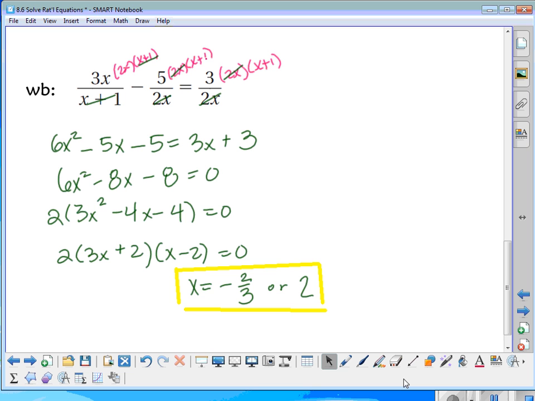All right, so we had to multiply everything times 2x times x plus 1. And you cancel out everything and get it to one side, and you get 6x squared minus 8x minus 8 equals 0. So when you factor it, x equals negative 2/3 or x equals 2. Any questions? All right, that's it for today.